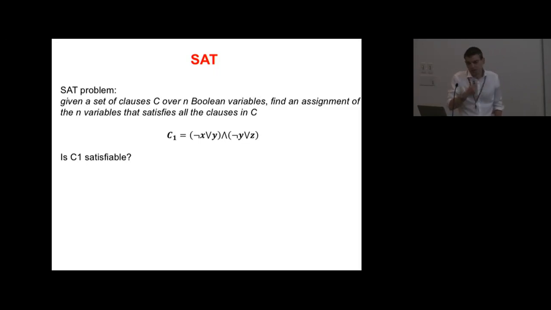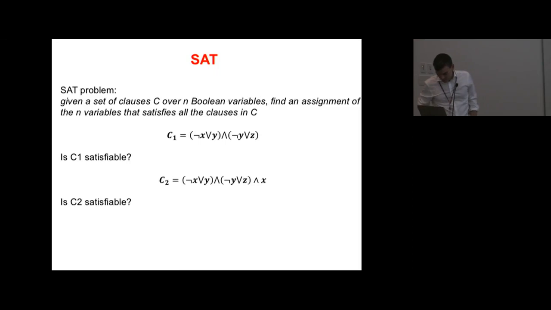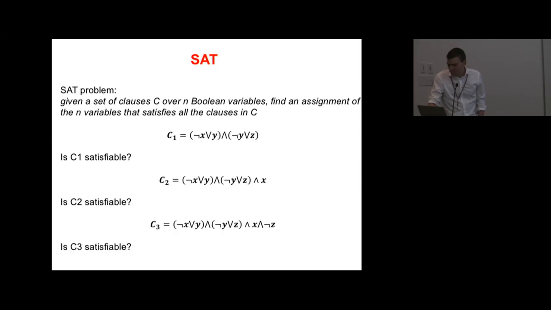There is not just one, there might be many. So, Y true, Z true? Yes, correct, fine. And now if I add something here, is it still satisfiable? I guess we didn't change too much compared to what you suggested. But what about this then?